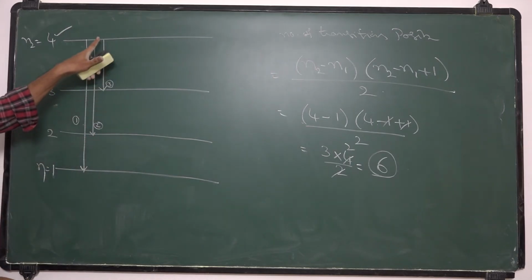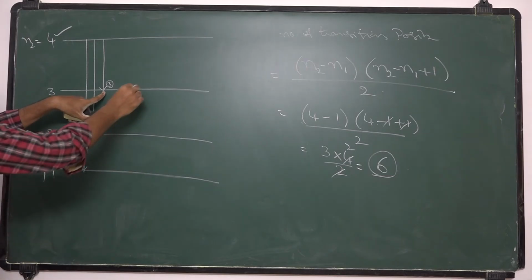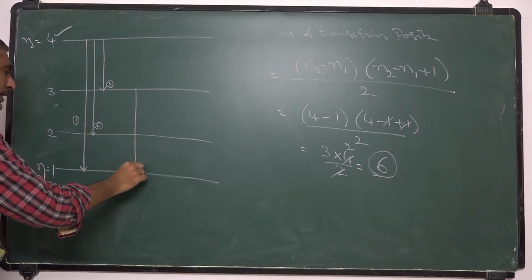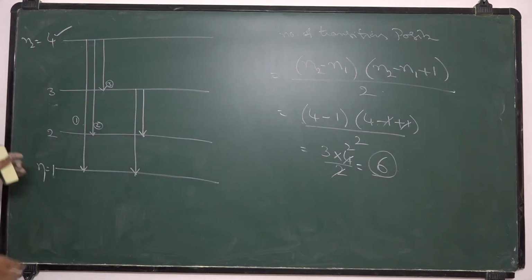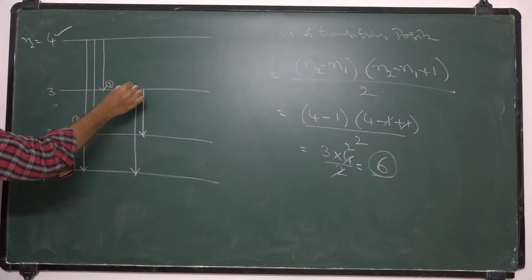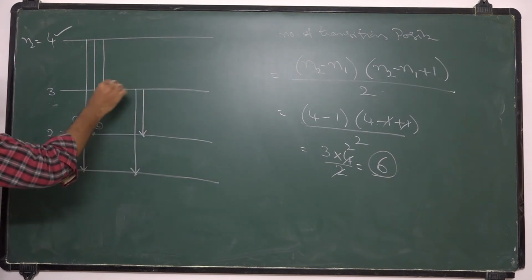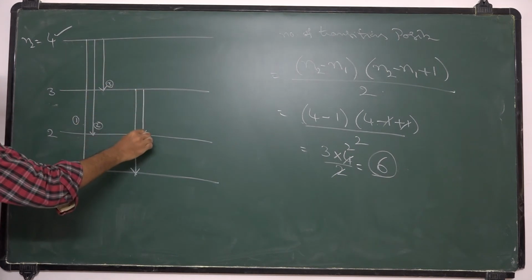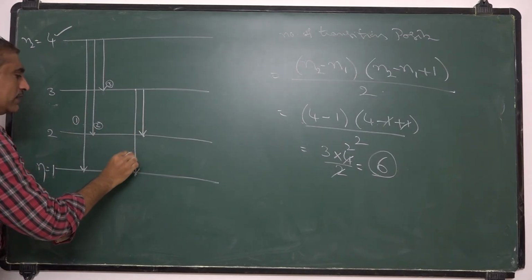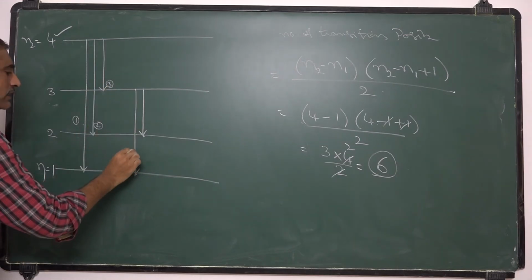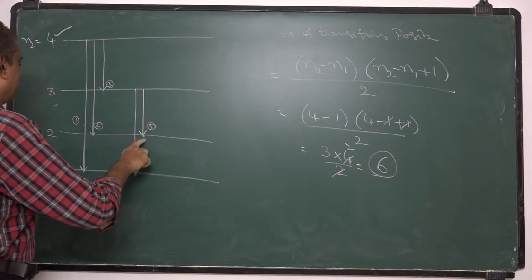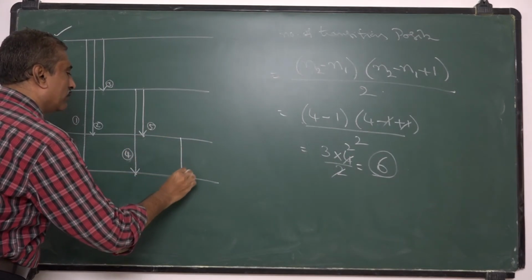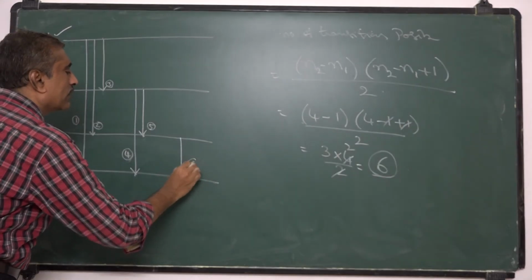Now from the third state, it may de-excite directly to the first state or the second state. That means 4 to 3, then 3 to 1 or 3 to 2. Here we have 4 and 5. Now from the second state to the first state is another possibility. This is the sixth one.